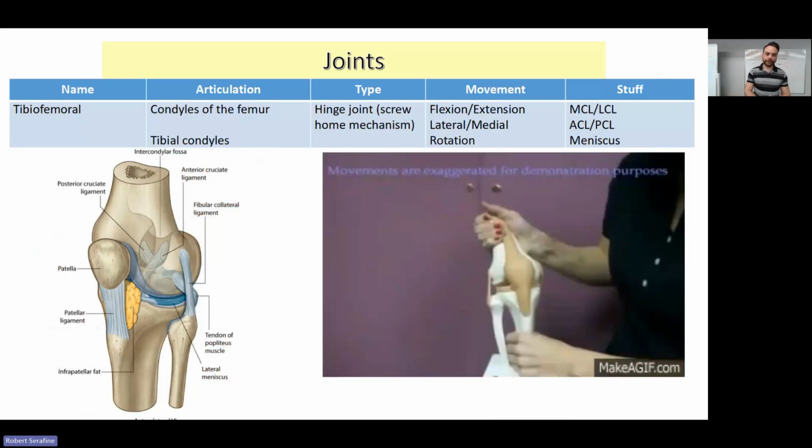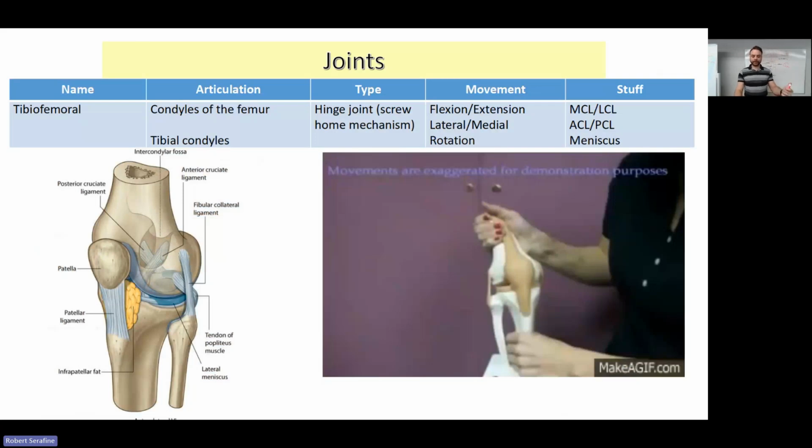Our first joint exists between the femur and the tibia, and we call this the tibiofemoral joint, which happens to be your knee. So we have the condyles of the femur and the condyles of the tibia that articulate to each other.